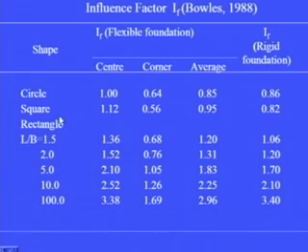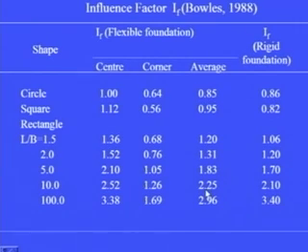For rectangular foundations of different ratios of L by B starting from 1.5 to 100, these values are given in this table. For example, if L by B equal to 10, and we are determining the settlement at the center, that IF is taken as 2.52, at the corner it is 1.26, but as average we can consider it as 2.25 if the foundation is flexible and 2.1 if the foundation is rigid.